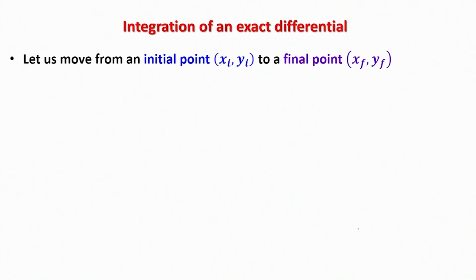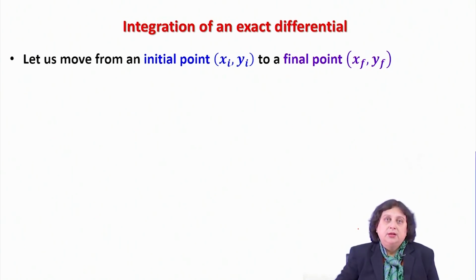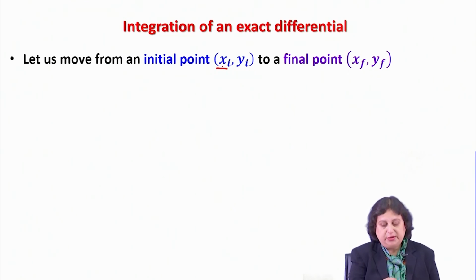So for this purpose, I'm still talking about the space spanned by two independent variables, x and y. Then my initial state is characterized by a point where x is equal to xi, i corresponding to the initial point, and y equal to yi.